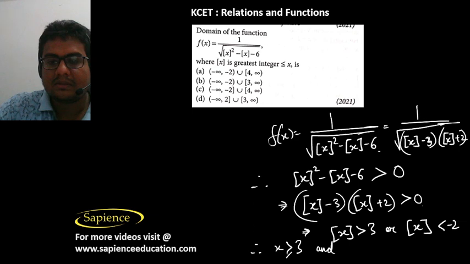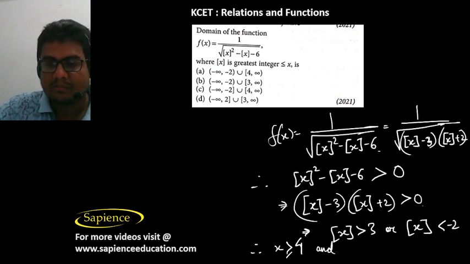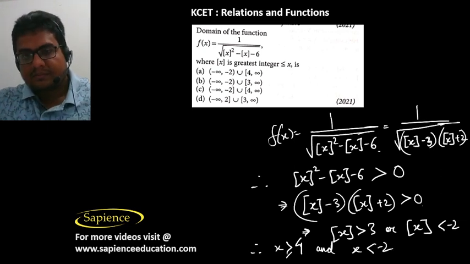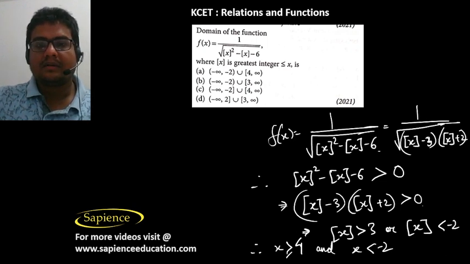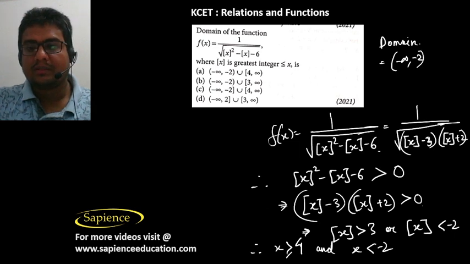We should take greater than or equal to 4, and bracket x is less than minus 2. So it means that x should be less than minus 2. Therefore the required domain is minus infinity to minus 2 open interval union 4 to infinity.